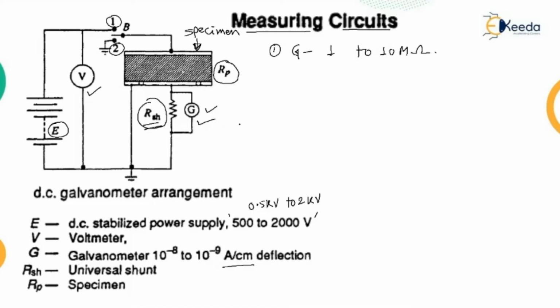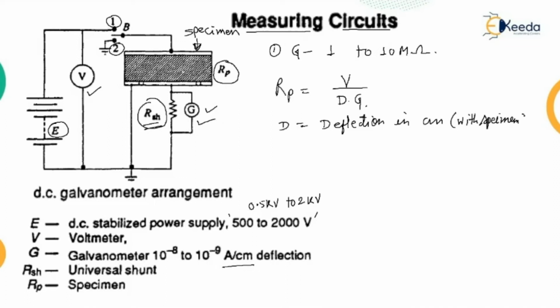Now the resistance of the specimen is given by the equation Rp = V / (D x G), where D is the deflection in centimeters with the specimen, and G is the galvanometer sensitivity.